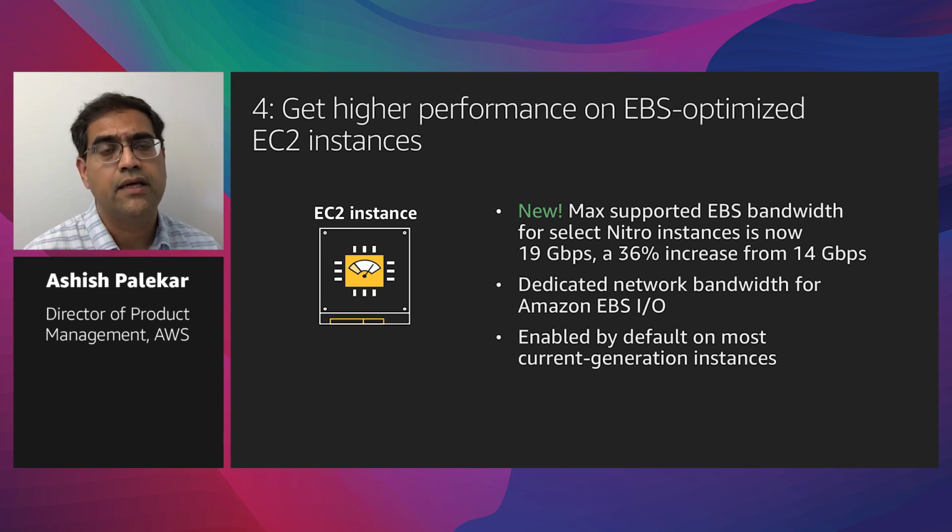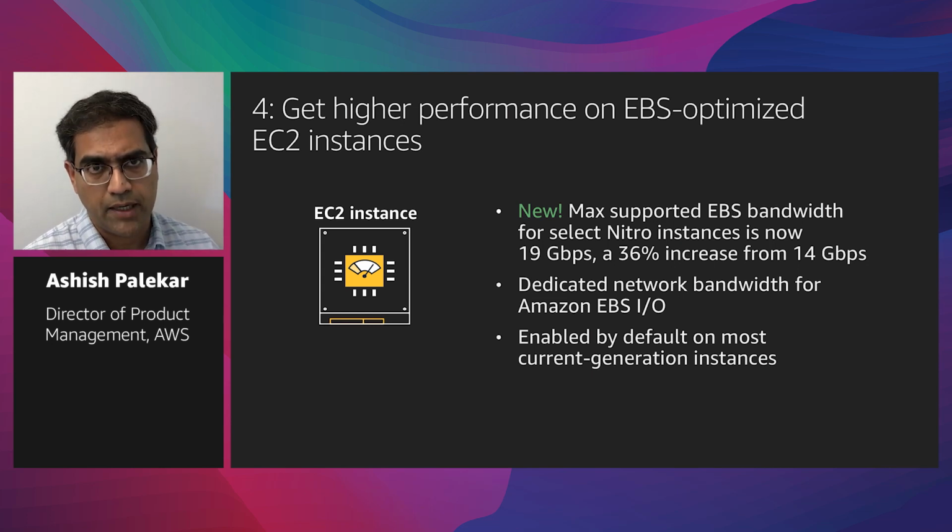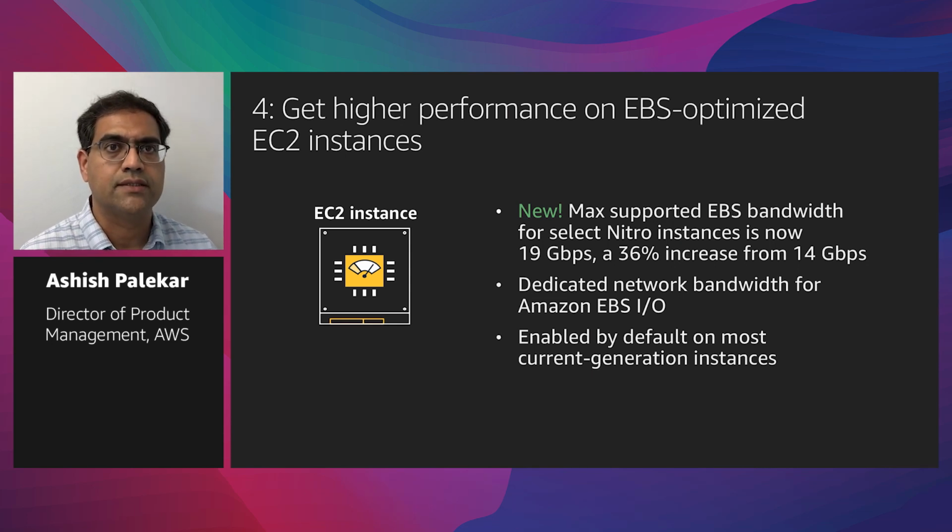So what that means is, if you as a customer have a workload that is EBS throughput bound, and you were using more instances to scale up the amount of performance to EBS, then you can use fewer instances now and take advantage of that 36% improved performance, saving you cost while accomplishing exactly what you were before. So again, awesome innovation for customers to take advantage of and reduce cost and optimize their workflow.